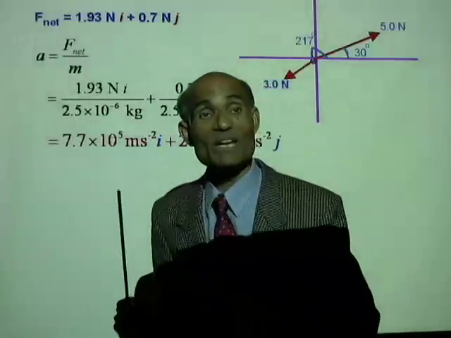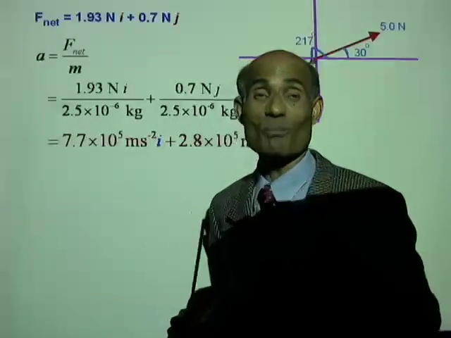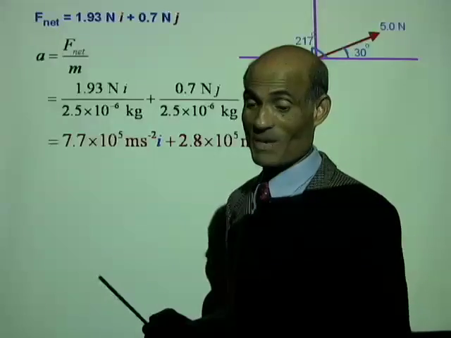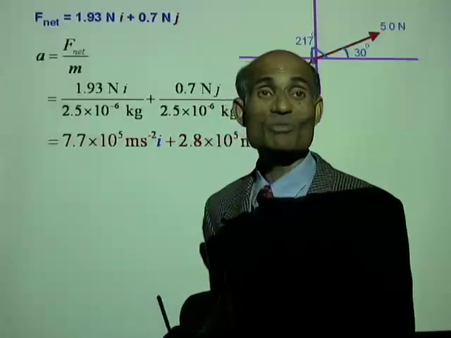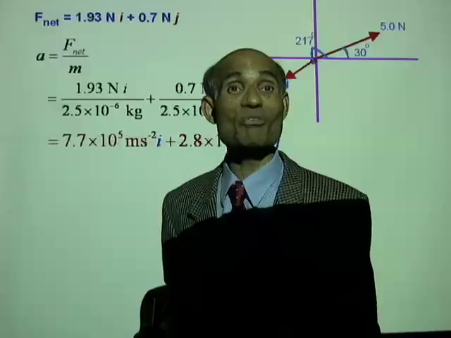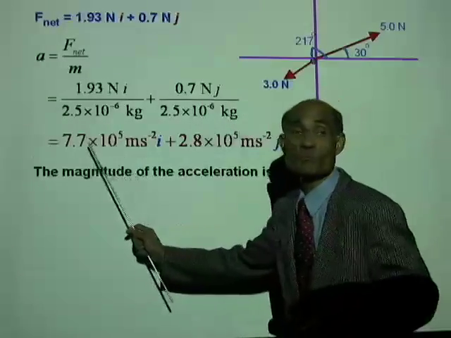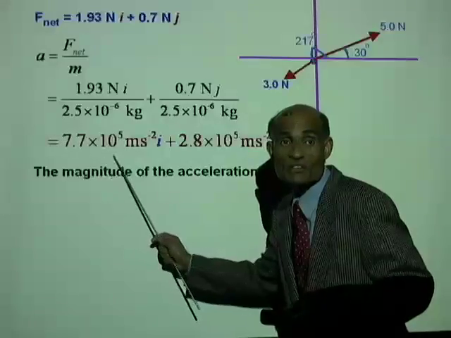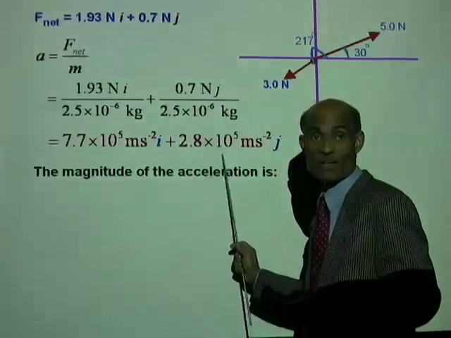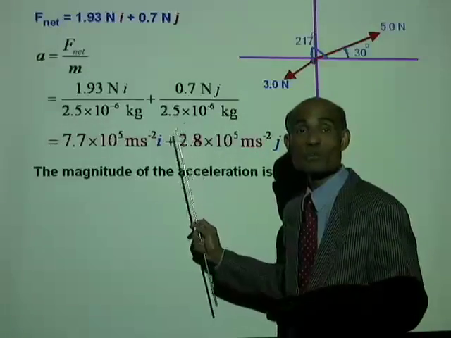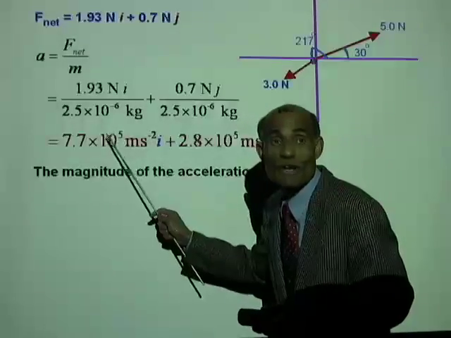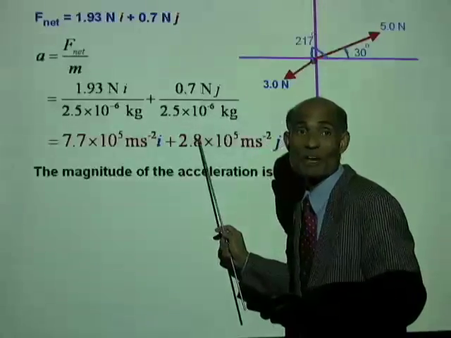Can you write that in the magnitude angle form? Well, how does it look if you want to write it in the magnitude angle form? The magnitude of the acceleration is, how do you obtain the magnitude? This is the x component, this is the y component. The magnitude will be square root of x squared plus y squared.